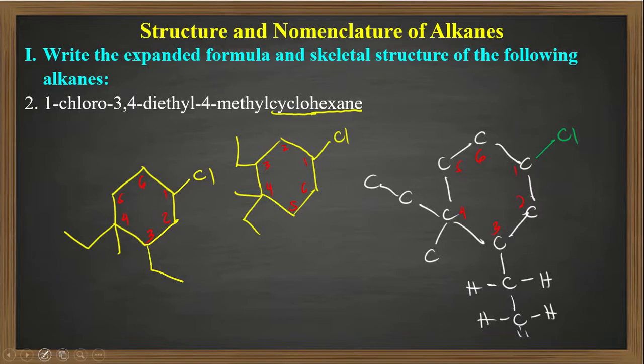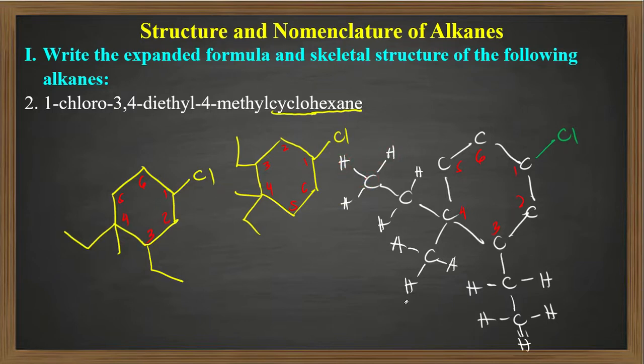Para maklaro na ang hydrogen. Ayan. So we have another hydrogen here. So this one, dapat na siya another hydrogen, para maupatanan ang iyang bonding. This one, hydrogen. This one, hydrogen. Hydrogen. Hydrogen. Ayan.